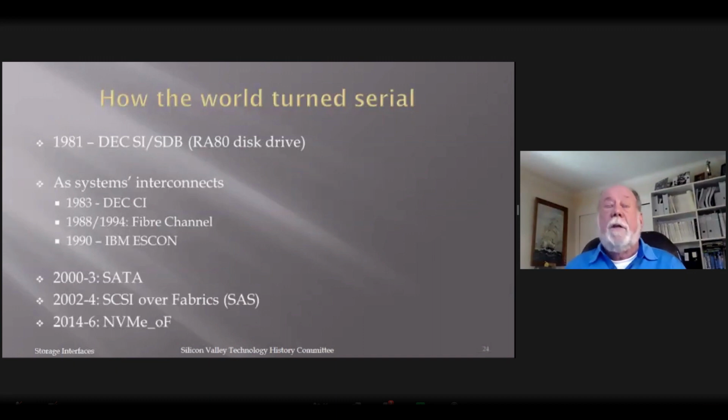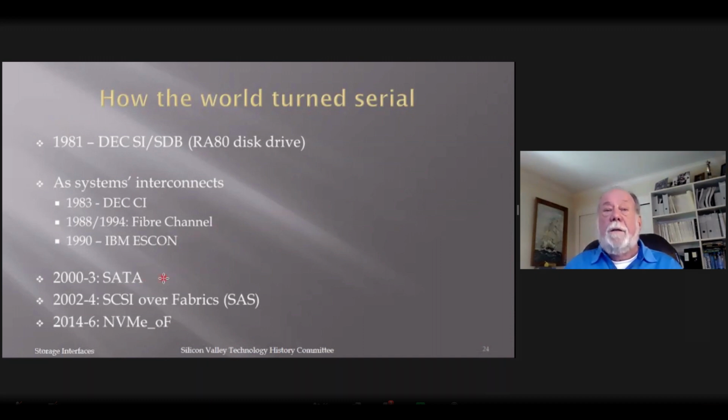The world turned serial. Actually, it started first in 1981 with Digital Equipment and their storage interconnect and the RA80 disk drive. But no one followed DEC. The world went then serially in systems, again, DEC leading with its computer interconnect, then Fibre Channel, and then IBM and ESCON.